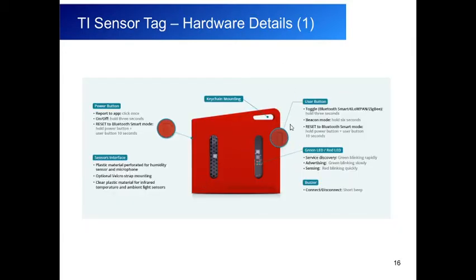So this is one of the pictures of the device, because there are two different types, but this is the most recent one. It's a very small device, but it carries a lot of interesting sources of information and sensors. Here you can see that you have a buzzer, and a green LED or red LED that gives you information about the status of the device.